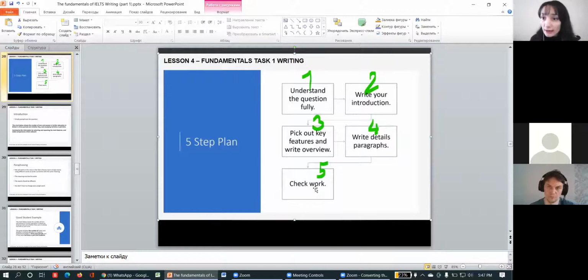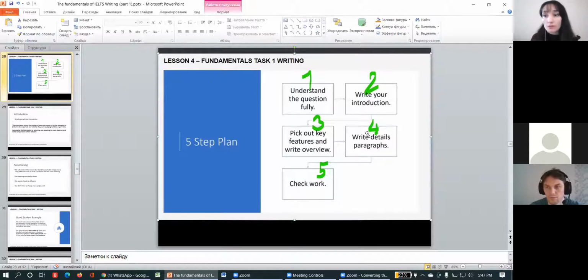And 5, you will check your work for everything, whether you did everything correctly, whether you included the intro part, whether you included the overview in it and you included the main features in the overview, whether you gave the details and provided accurate information depending on the chart or the graph, whatever you are given, not giving the information from your own point of view, okay?